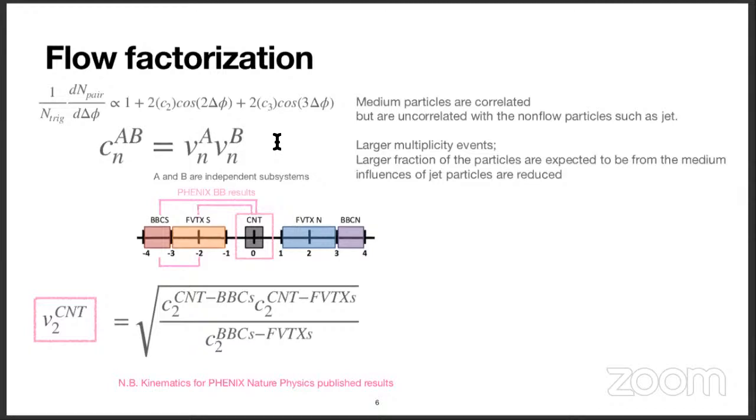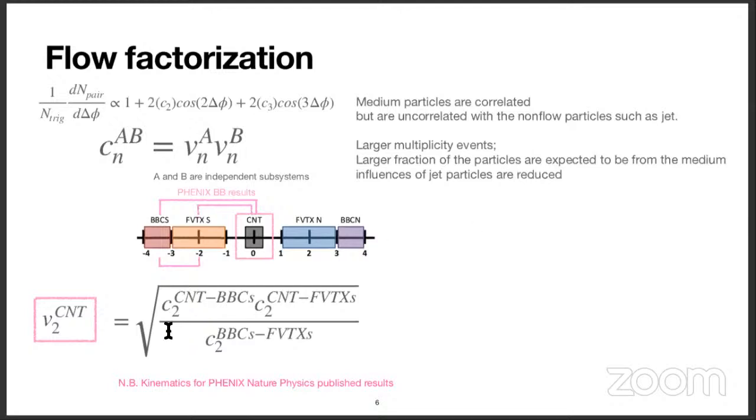medium-originated particles. And at larger multiplicity events, the medium particles are supposed to dominate the signal part, so that the influences from dijet or jet particles are supposed to be successfully suppressed.